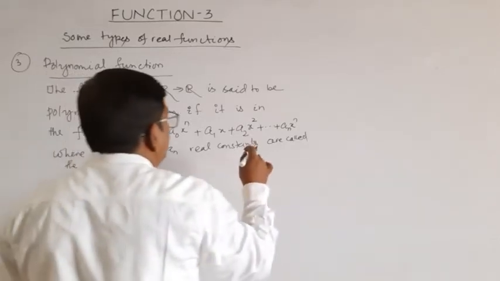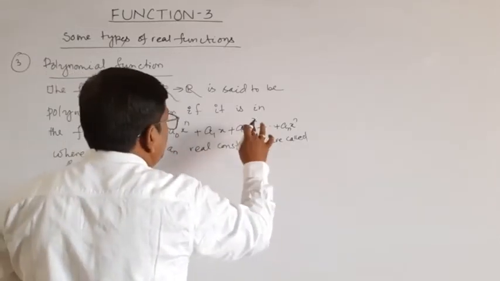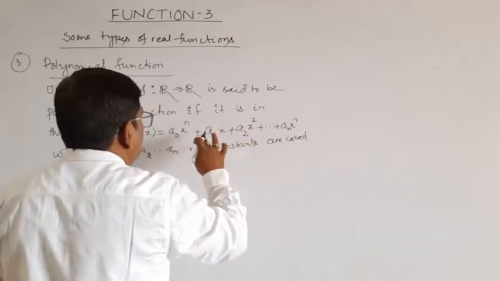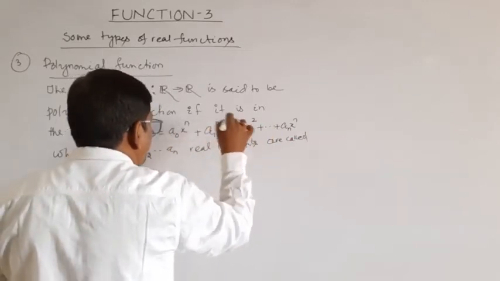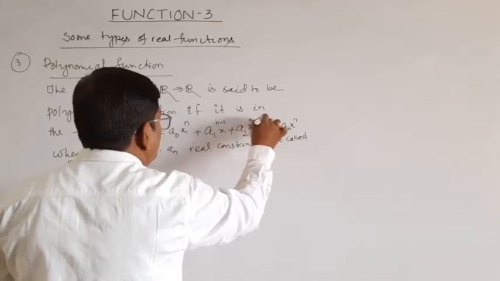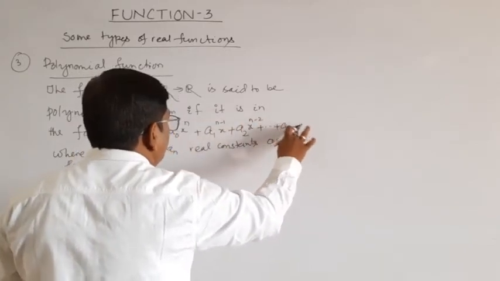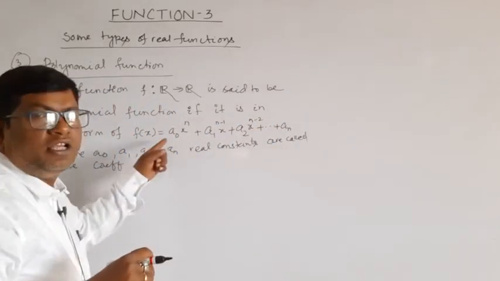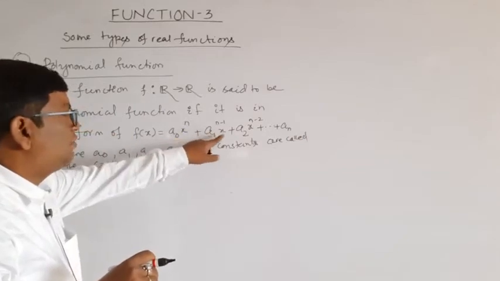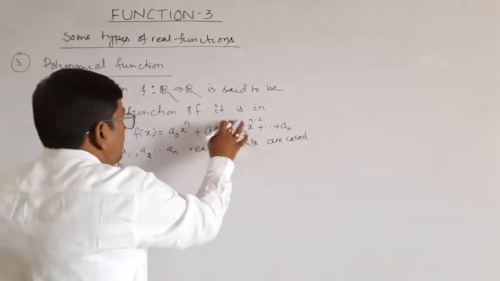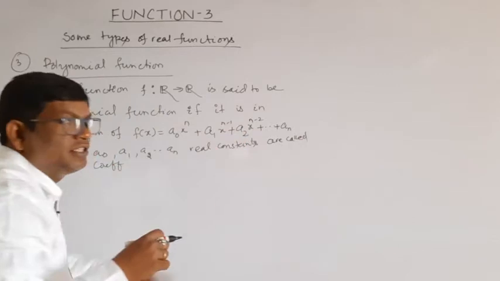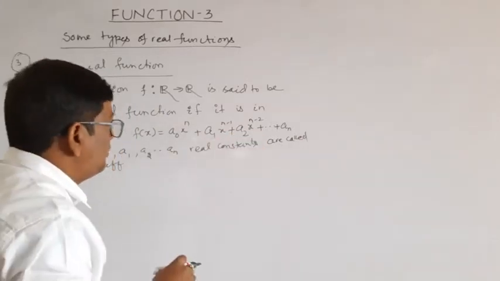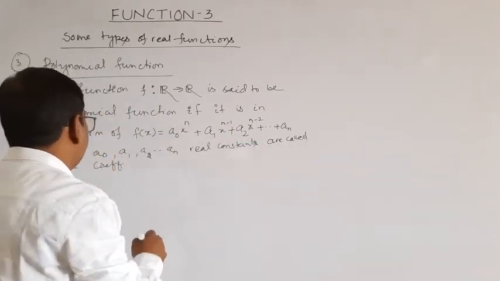This is a naught x to the power n, a1 x to the power n minus 1, a2 x to the power n minus 2, like this. This is an. This is only constant. These are called coefficients.